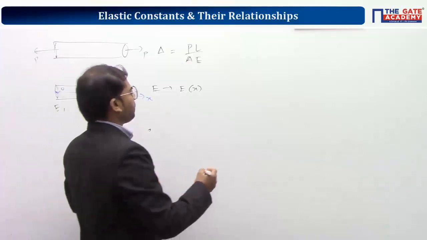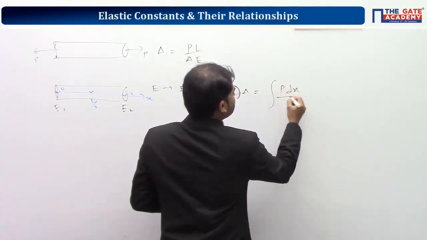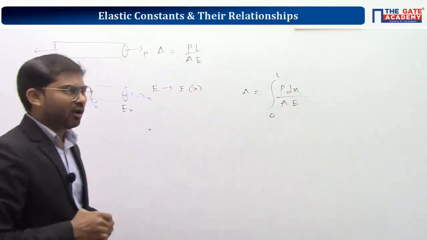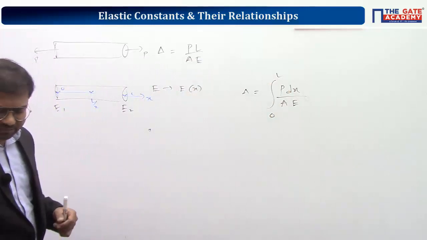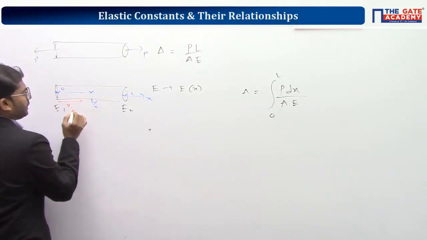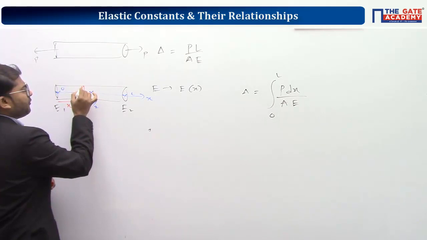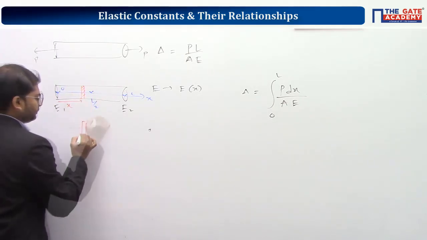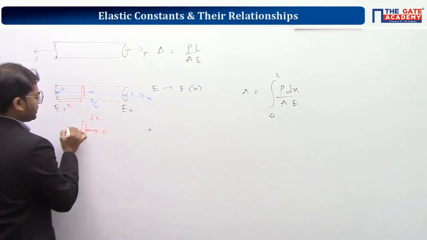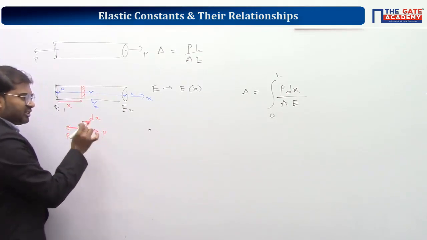So in this case, you should apply the formula integral of P dx by area into Young's modulus from 0 to L. So here what we are doing is basically taking a differential element. At a distance x from the left location or origin, we are taking a small strip of material which has length dx, and the whole member is experiencing force, so this will also experience force P. So I am getting the value of elongation for this element.